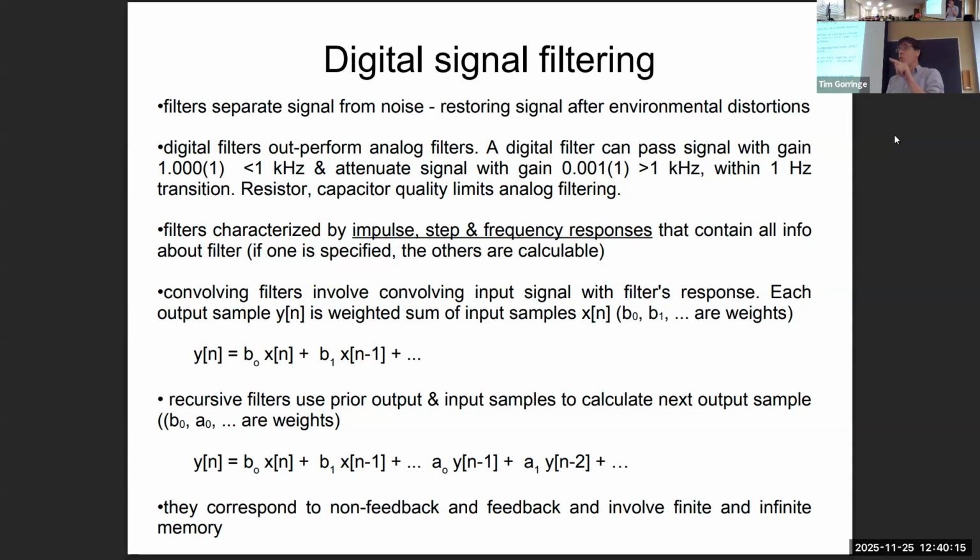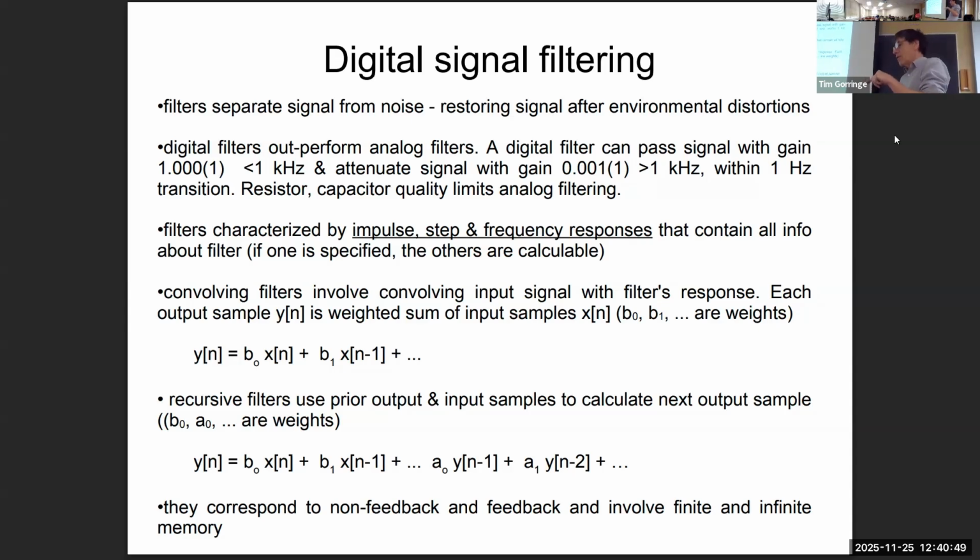And then within a space of 1 hertz out of that 1 kilohertz, attenuate all higher frequencies by a factor of 1,000. That would be an impossibility in the analog domain. That is a possibility in the digital domain. So that's why filtering nowadays is often done digitally, whereas in the past we would have done it with analog signals. So it's a very, very powerful technique.